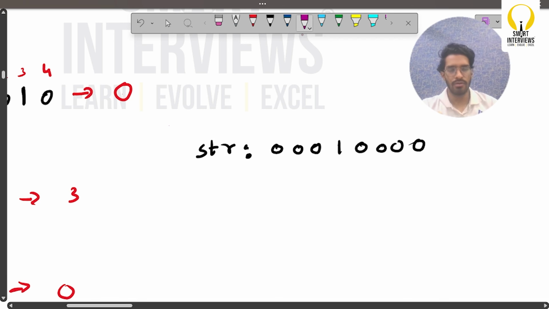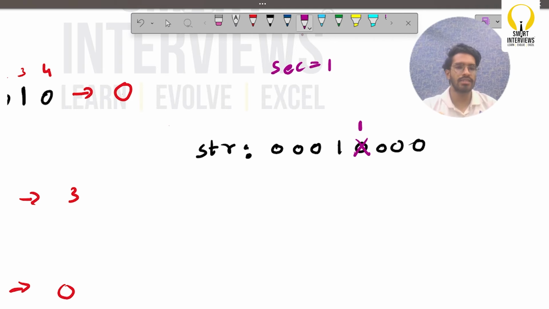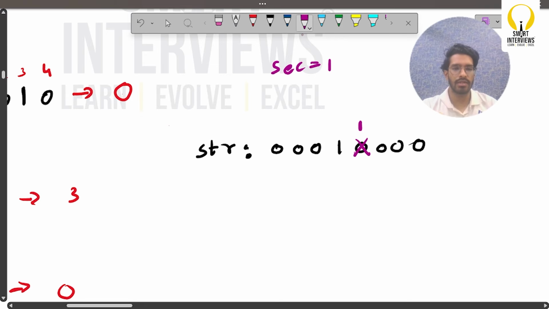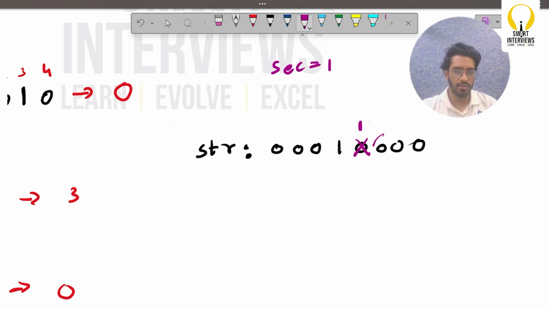Now, when this wolf actually eats this bird, what exactly happens? This bird gets eaten and the wolf moves to this index. All of this happens in the first second. In the second second, the same scenario: you have a wolf at this index, and beside it at the x plus 1th index, you have a bird.